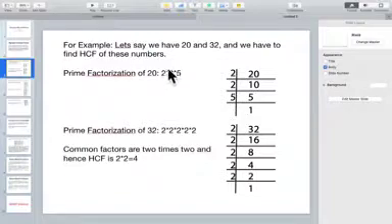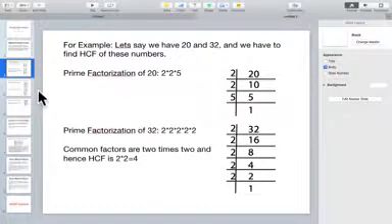What we have in common is 2 times 2. Like we have 5 here but we don't have 5 here. We have 3 extra 2's but we don't have 3 extra 2's here. What is common is these 2's. So the common factor of 20 and 32 is 2 times 2, where 2 into 2 is equal to 4.